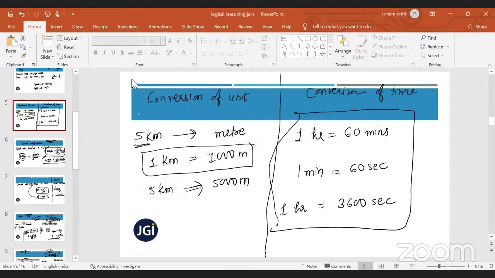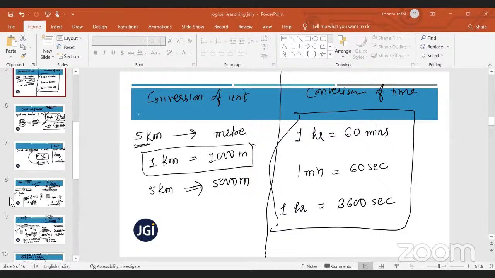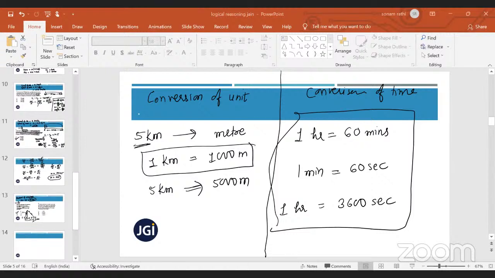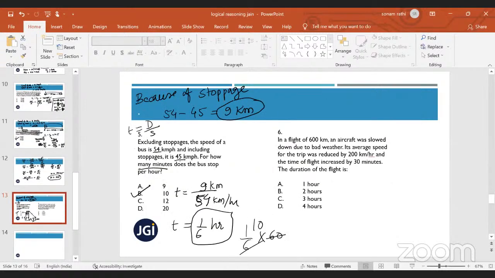This conversion is here. Unit conversion I taught you.